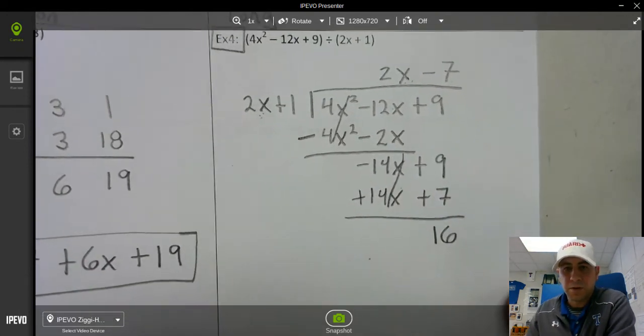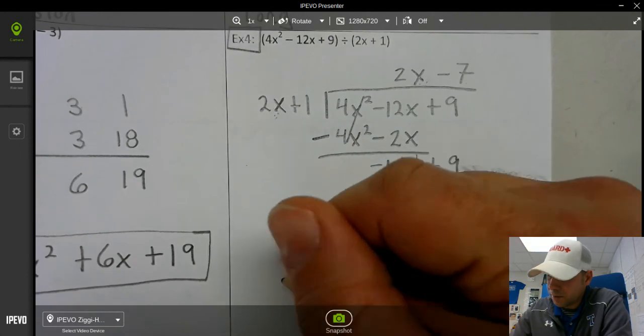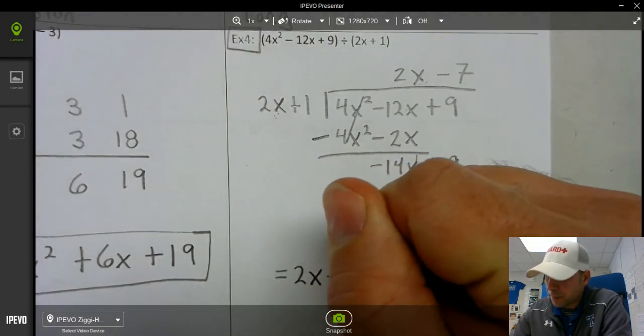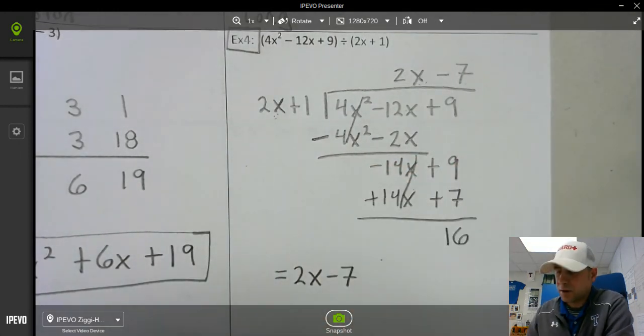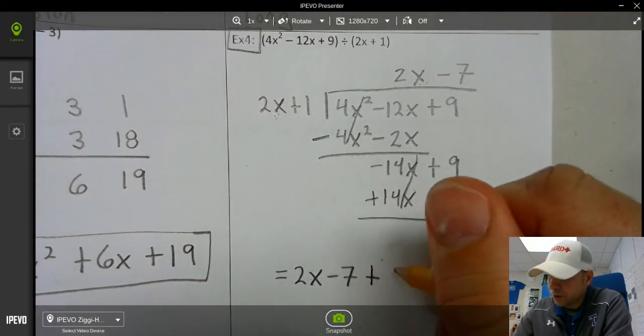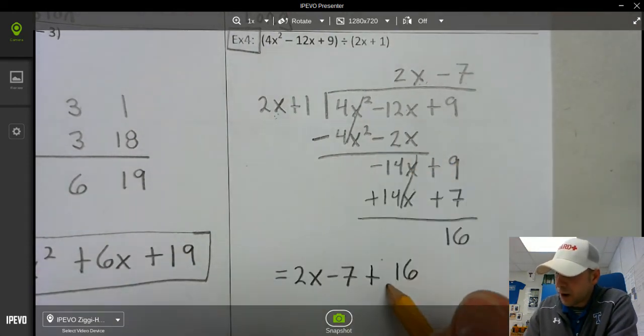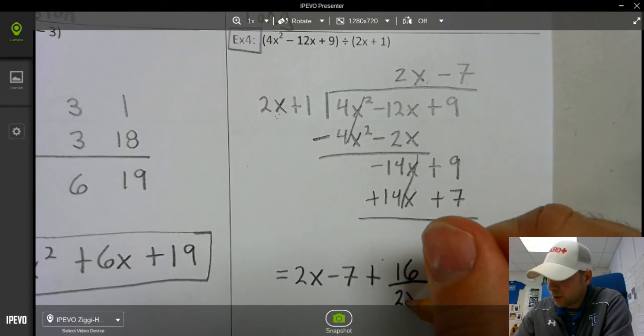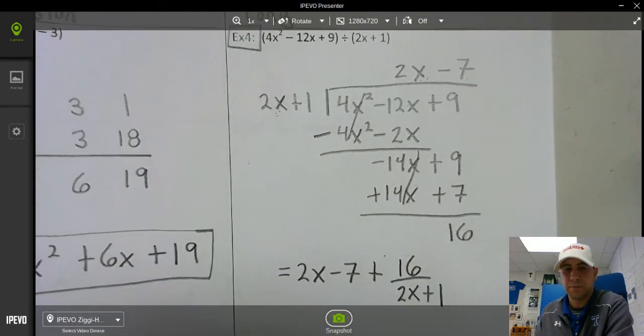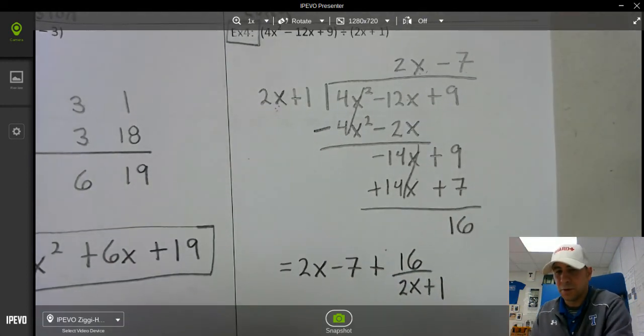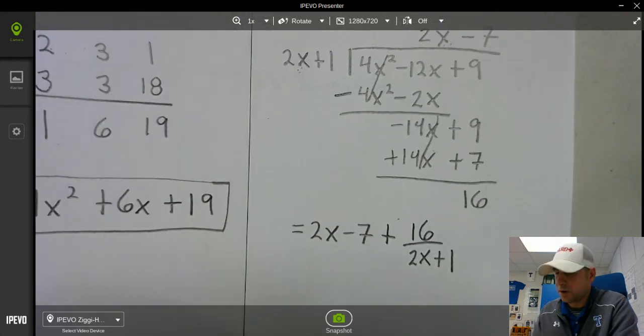So you have 2x minus 7. Now, you have to add the remainder, but it's divided by the 2x plus 1.